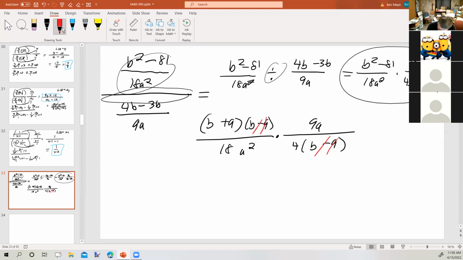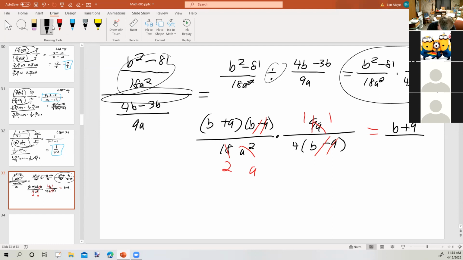That and that will reduce. That and that will reduce. That and that will reduce. So in the numerator, I've got b plus 9.